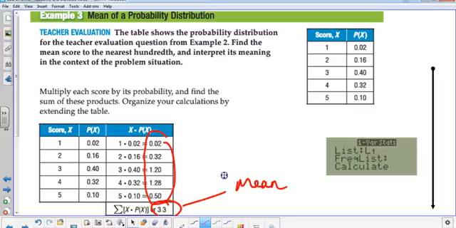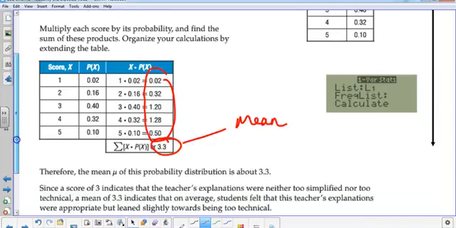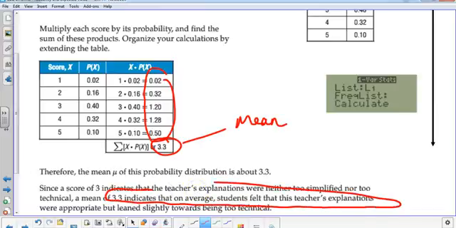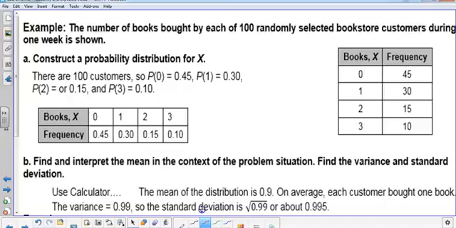To interpret that, on average, the teacher received a score of 3.3. Okay? It says down here, you are asked to interpret it. It says a 3.3 indicates on average students felt the teacher's explanations were appropriate. Okay? The average the teacher scored is 3.3.